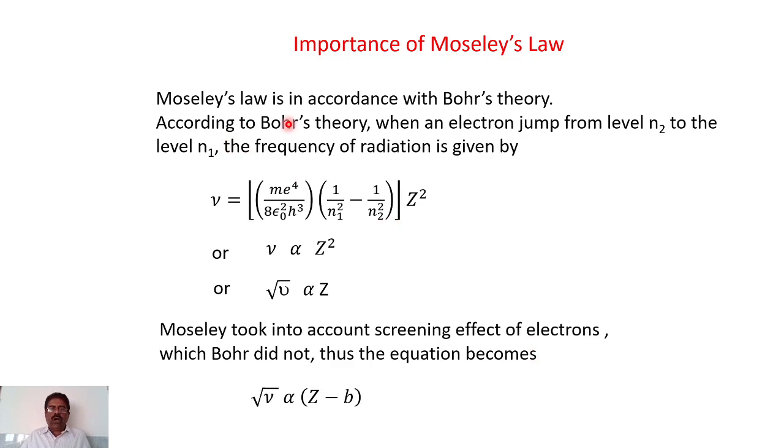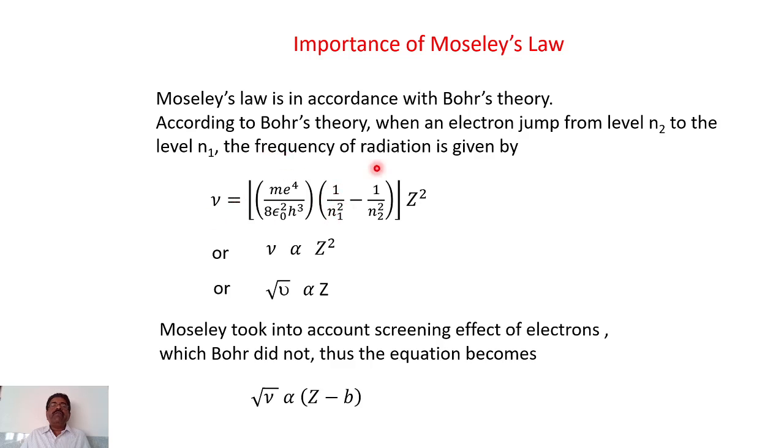One important feature of Mosley's law is that it is in accordance with Bohr's theory. Just now we have seen the exact mathematical equation of Mosley's law: wave number nu bar, that is equal to 1 upon lambda, that is equal to R in bracket Z minus sigma square in bracket 1 upon n1 square minus 1 upon n2 square.